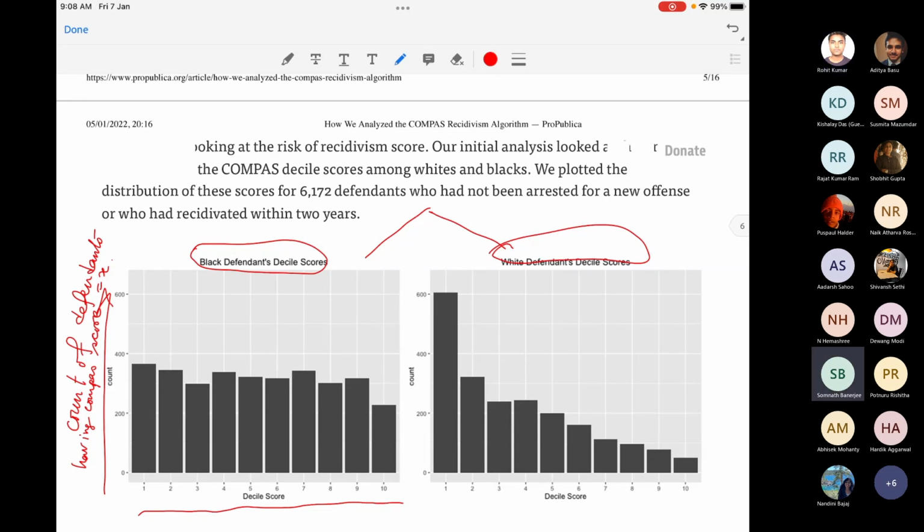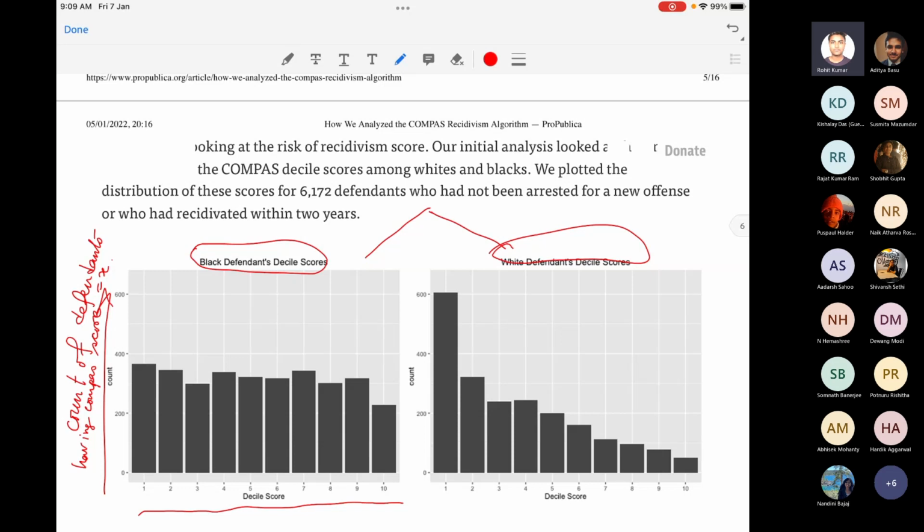Sir, for white defendants, the values are continuously decreasing. So white defendants are given lower compass scores, meaning they are less likely to commit the crime again, whereas black defendants, on an average, have been distributed evenly among all the compass scores.